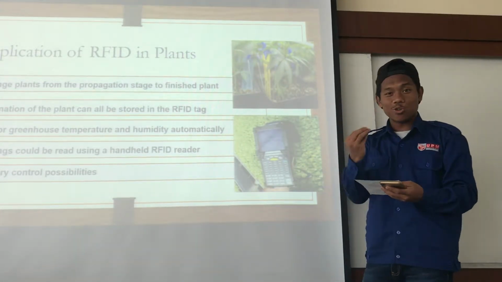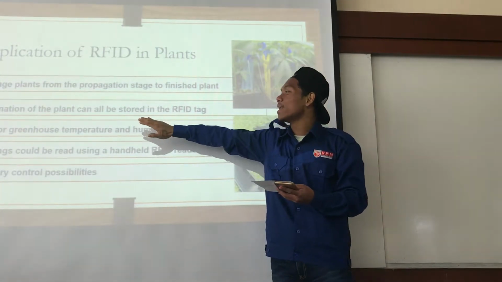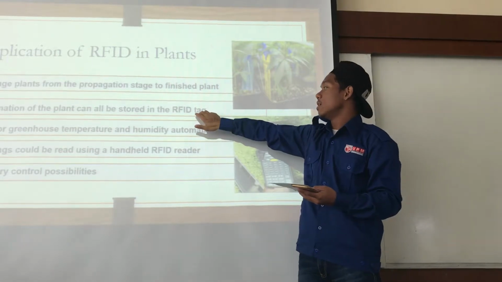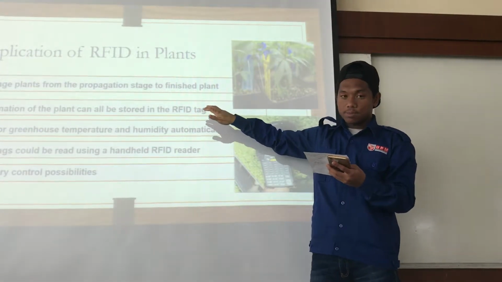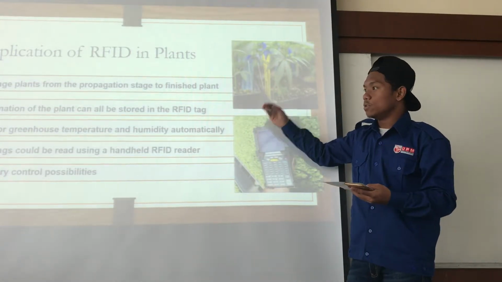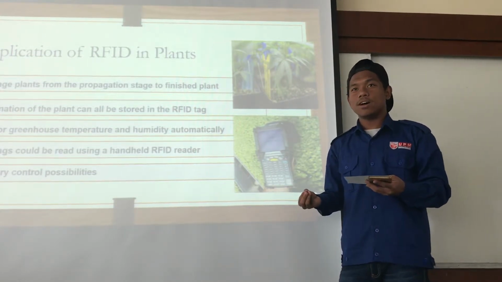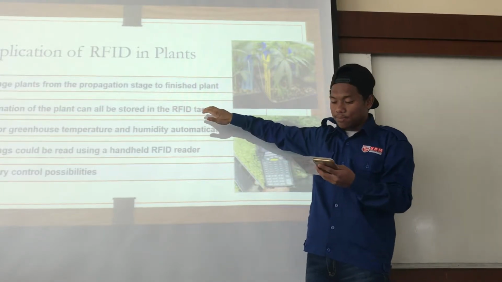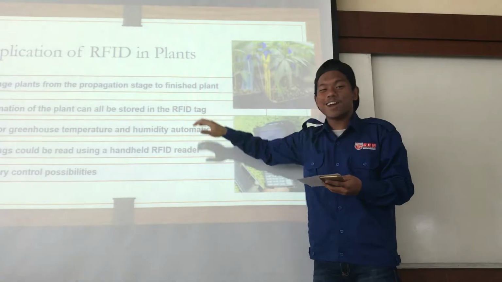Next, information about the plant can all be stored in the RFID tag. This is the benefit of RFID in plants. All the information about the plants, which is their name, their species, their disease, we can store in the RFID tag.